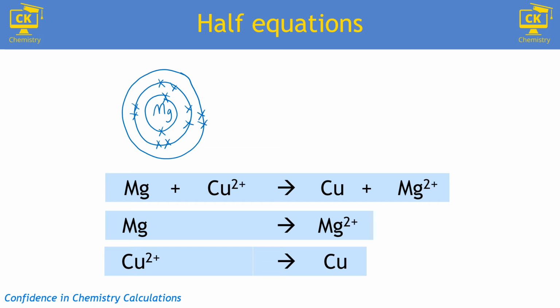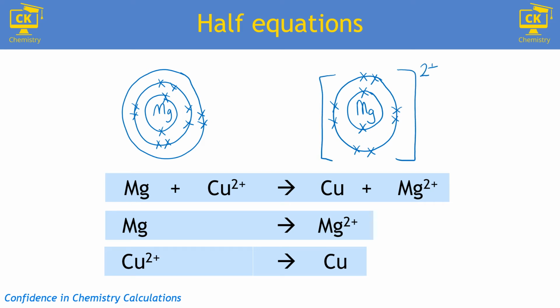So that's what Mg is going to look like. Whereas when we draw a magnesium ion, we remove that outer shell of 2 electrons and we have an electronic configuration of just 2, 8, and that's where my 2+ charge comes from.